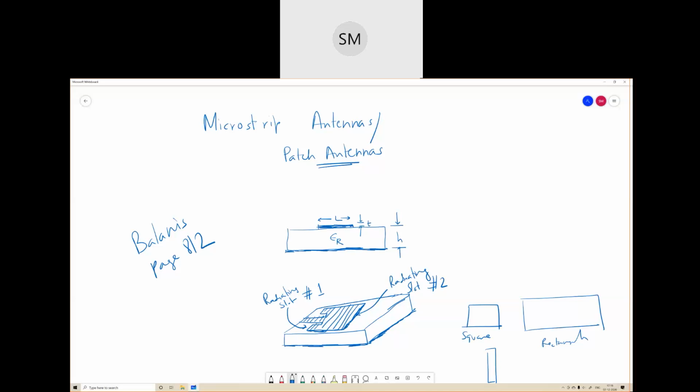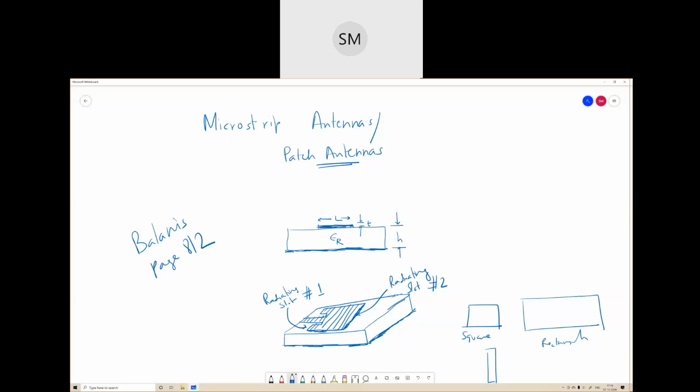And with modern simulation tools, it's very easy to make any random shape and simulate it and try to publish your results in a paper. Very, very easy. But those papers are not usually good.